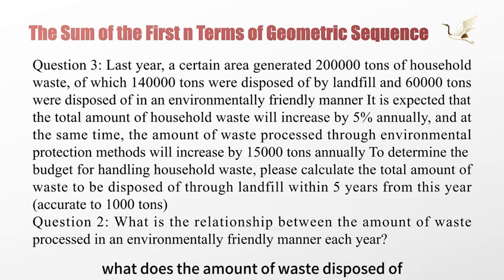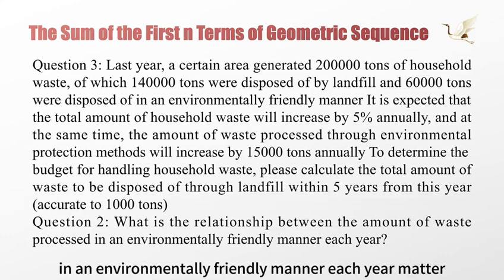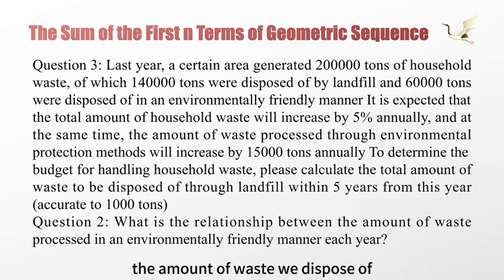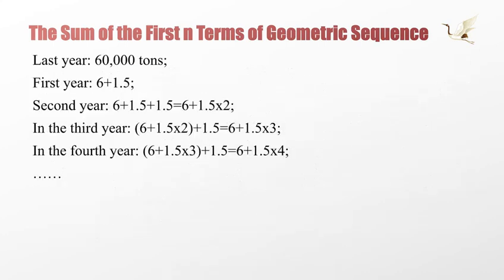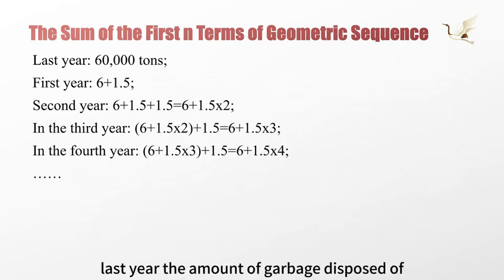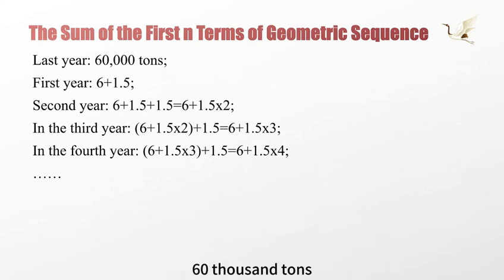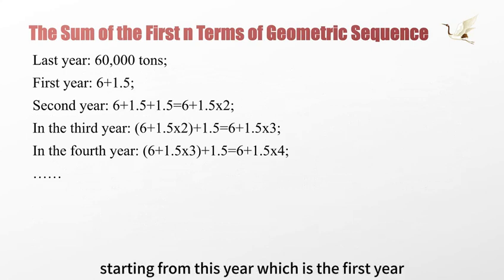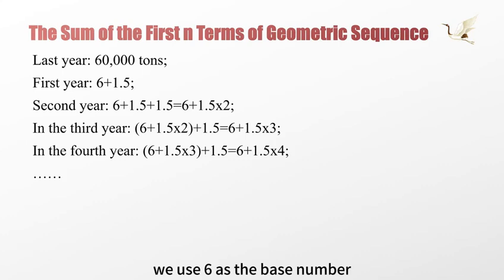Let's consider this further. What about the amount of waste disposed of in an environmentally friendly manner each year? The amount of waste we dispose of through environmentally friendly means increases by 15,000 tons every year. Based on this, let's list out the details. Last year, the amount of garbage disposed of in an environmentally friendly way was 60,000 tons. Starting from this year, which is the first year, we use 6 as the base number and add the annual growth of 1.5.